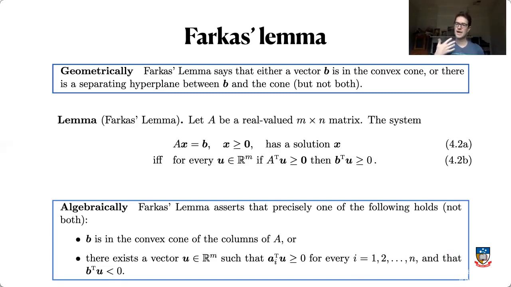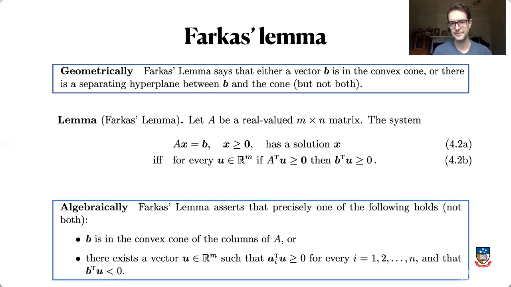And having that intuition, we can come back to the lemma itself. You can maybe now start to see that there is a mapping between the solutions of Ax equals b. There are positive solutions of Ax equals b if and only if for every vector u, if A transpose u is positive, then b transpose u is positive as well.